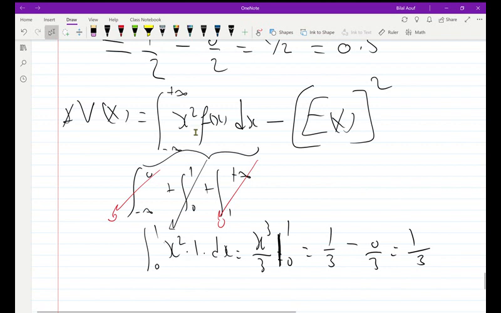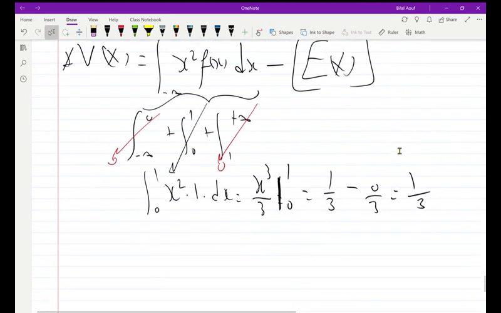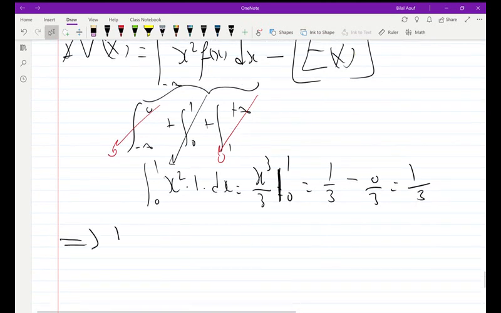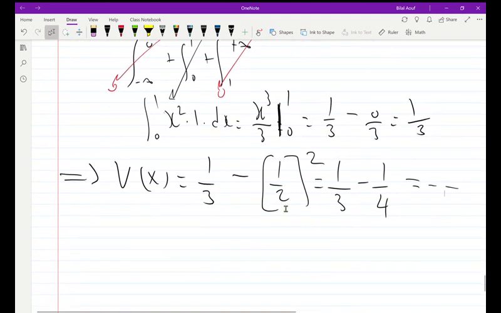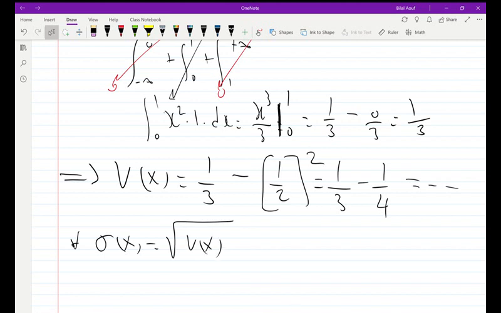V(x) is this part minus E(x) squared, so V(x) equals 1 over 3 minus 1 over 2 squared, which is 1 over 3 minus 1 over 4. Then I calculate the value. The standard deviation is always the square root of V(x).